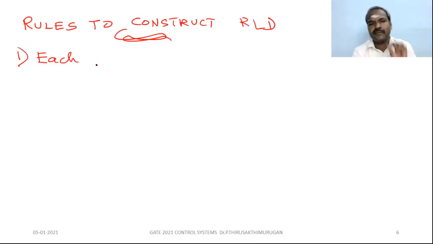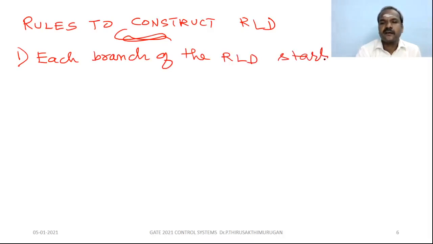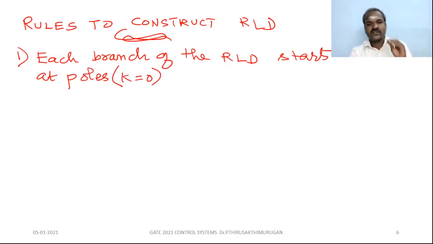Each and every branch of the RLD starts at a pole. When it starts, K equals 0. When it terminates, the gain value becomes infinity.